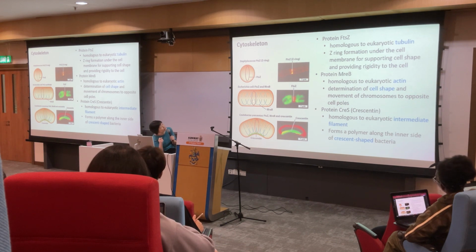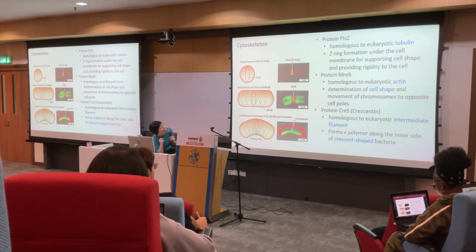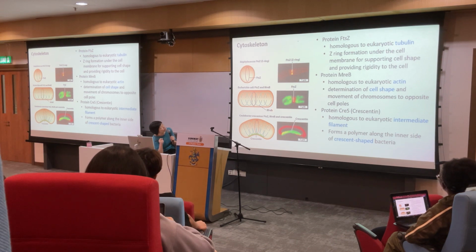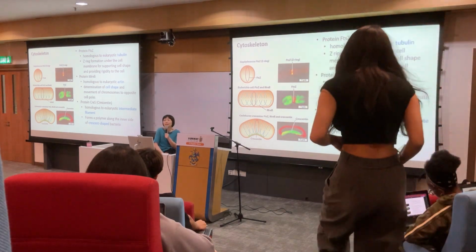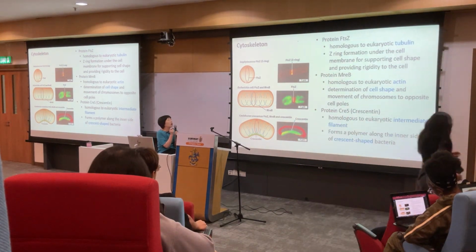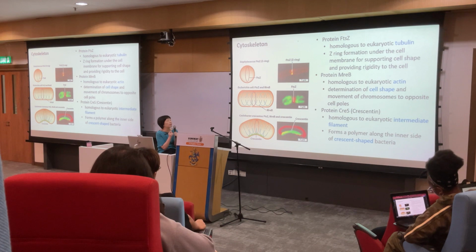So important in cell division when they're actually transporting, okay, the chromosome into the two ends, separate the chromosome into two. And what do I mean by holding the cell shape? This MreB, when you look at it, they only present in the bacillus, in the rod-shaped bacterial. In the coccus, they do not have MreB.